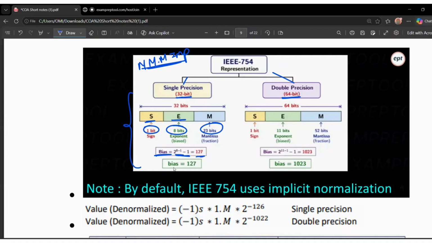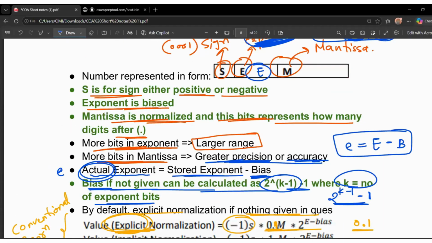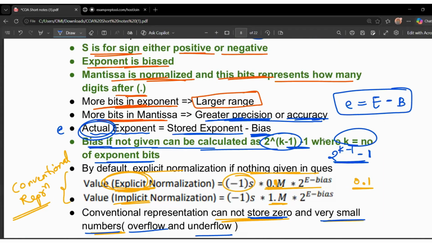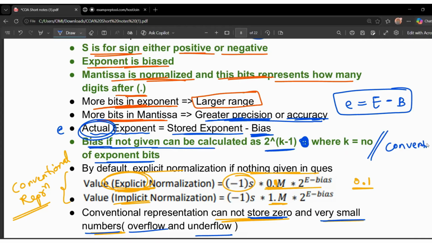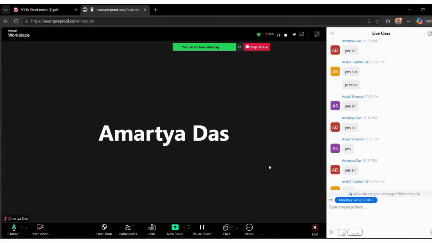Here in the conventional representation, I think you don't have to do the minus 1.